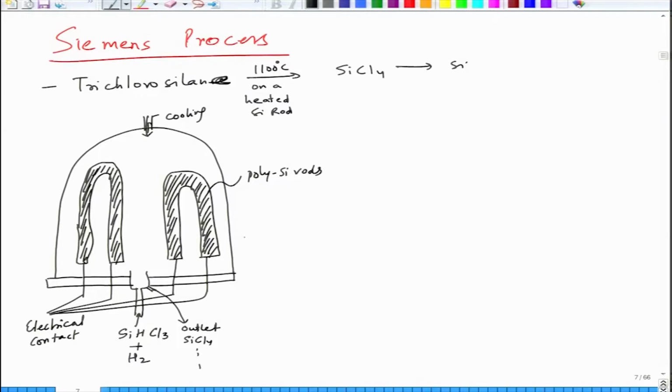And then the coolant goes out from this side, because we also have to keep the chamber cool. So it's a double body chamber like this. So this is a double wall chamber, so coolant flows and keeps this cool, okay. So this is coolant.